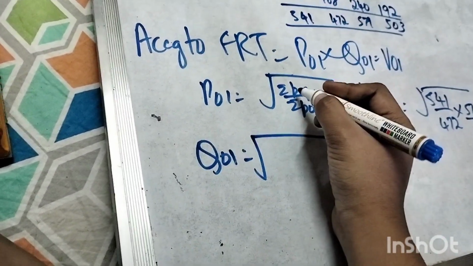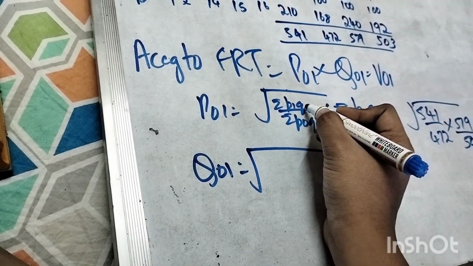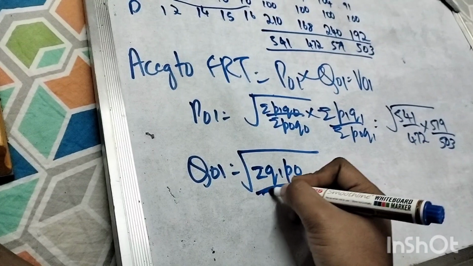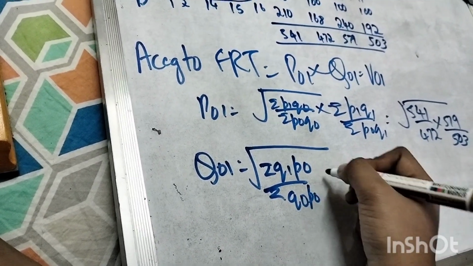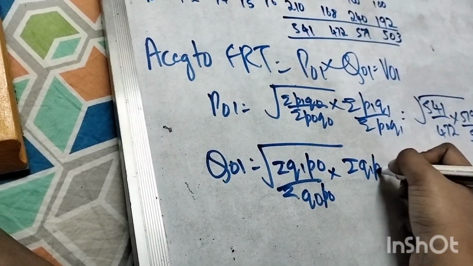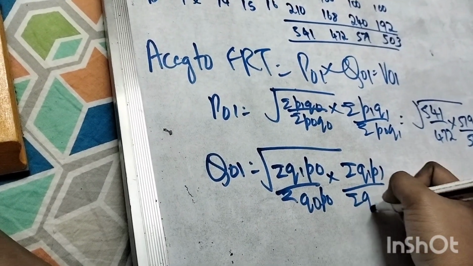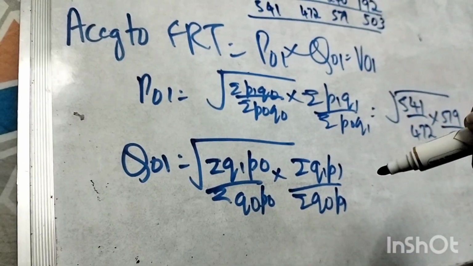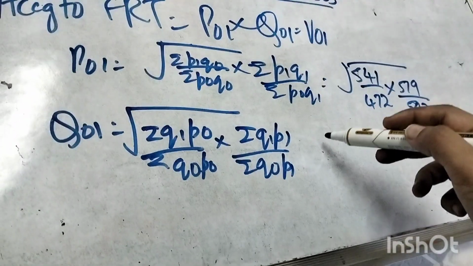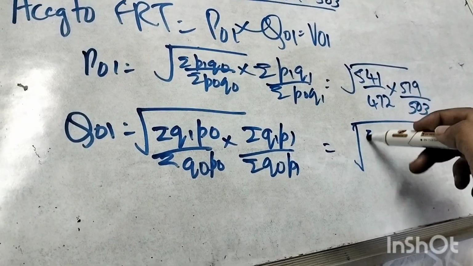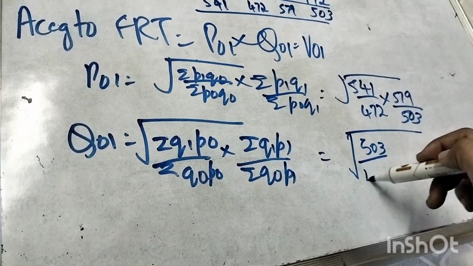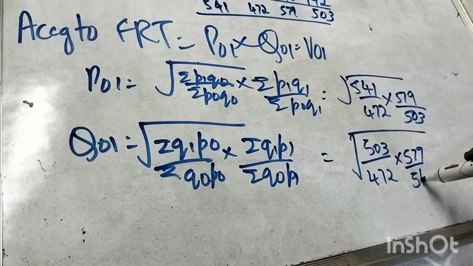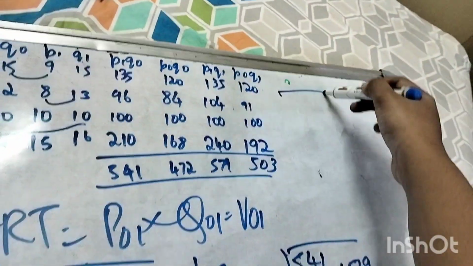You just change these P's into Q's and these Q's into P's. So it will be Q1 P0 by Q0 P0 into Q1 P1 by Q0 P1. So you substitute: 503 divided by 472, 579 divided by 541.